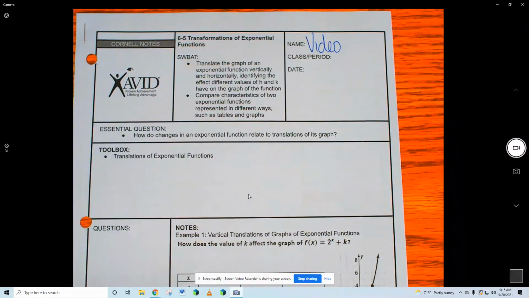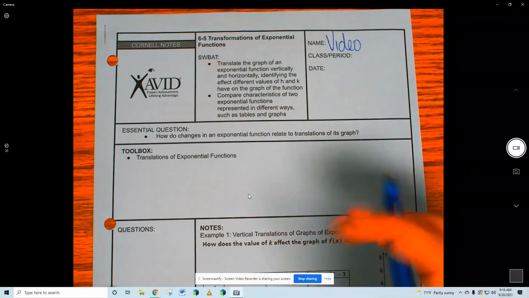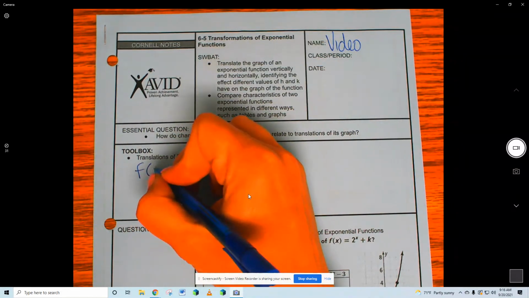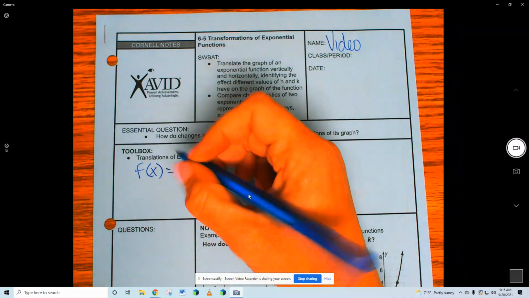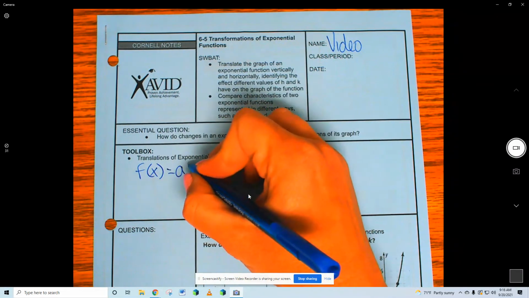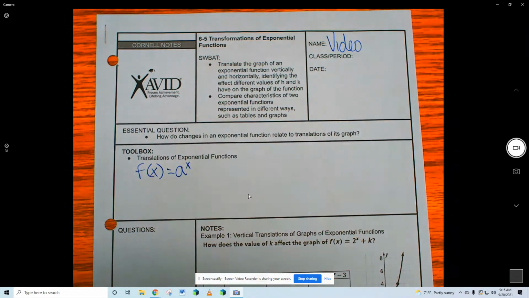So day 1 is just the beginning, part A. We're doing transformations of exponential functions. Now we know that we've been given, the past 2 weeks, a graph where I have something raised to the x power, and the x is where I plug in a variable.